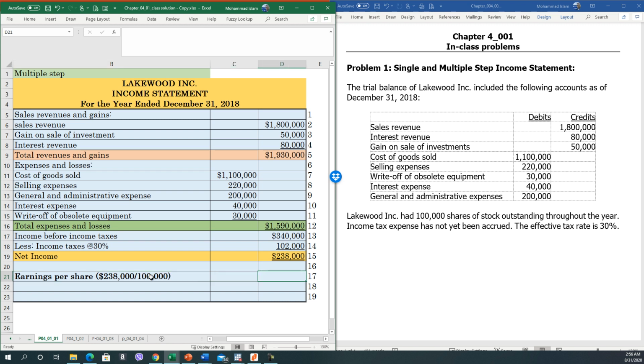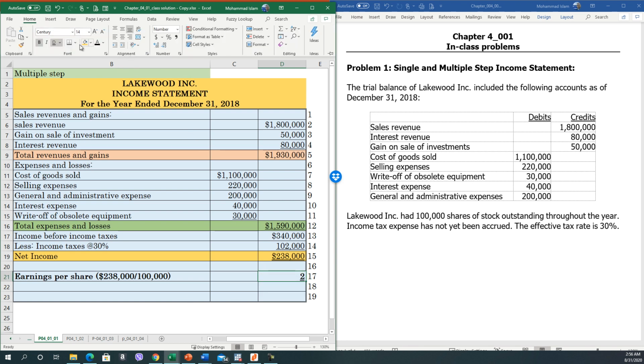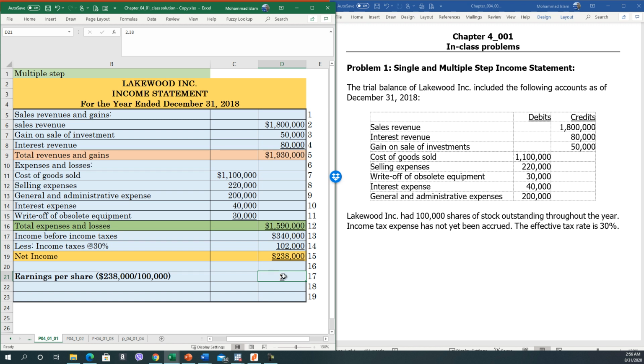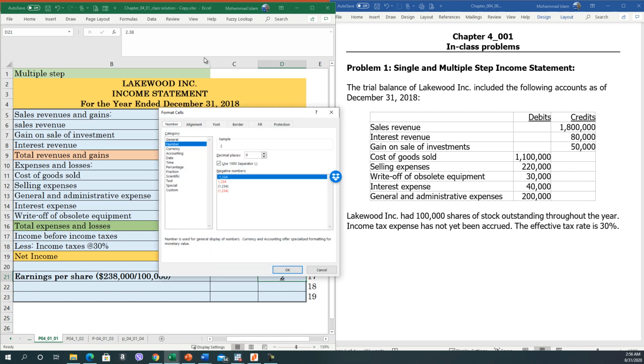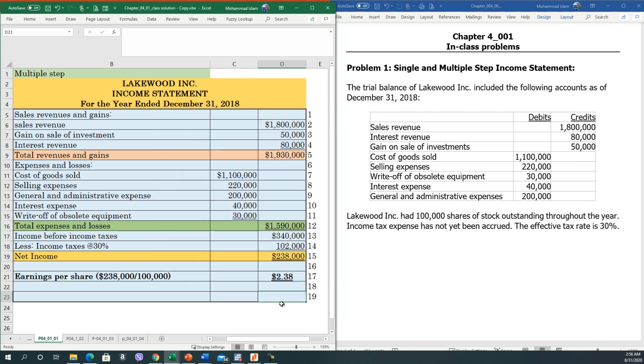So what would be the earnings per share, that is EPS? It is 2.38. Correct? Yes, it should be 2.38. Oh, we should use currency, and now it is showing.